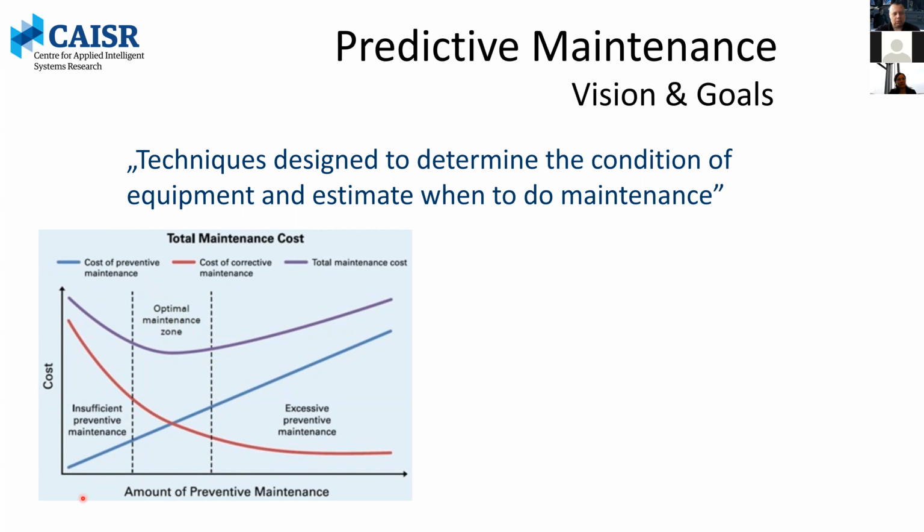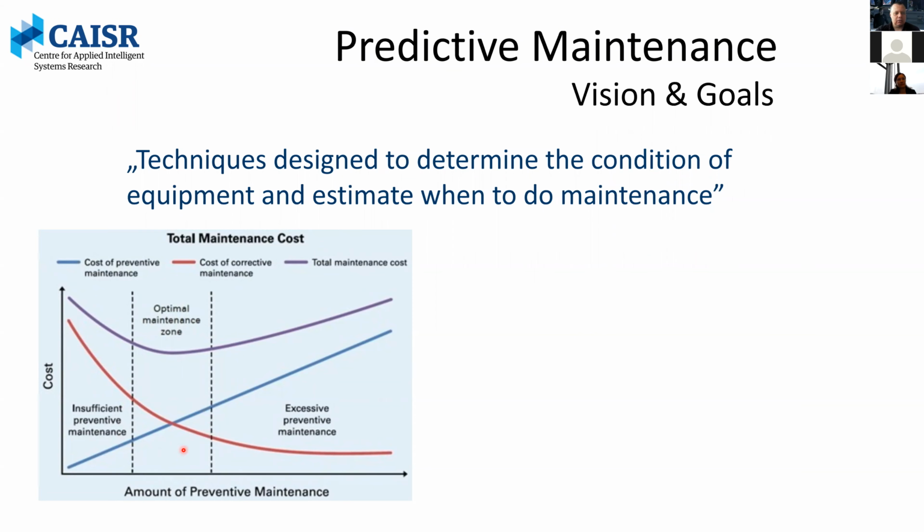And if you think about the interaction of the 2, you will end up with a curve where, if you do a lot of preventive maintenance, the cost of corrective maintenance will go down because your equipment will never really break, but it can be really, really expensive. And if you don't do any preventive maintenance, then your corrective maintenance cost will be high because your equipment will be breaking all the time.